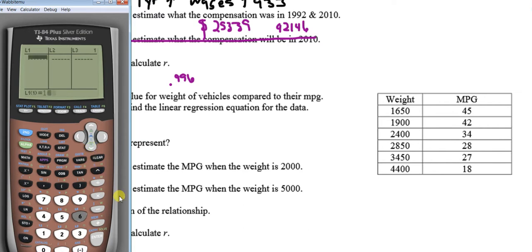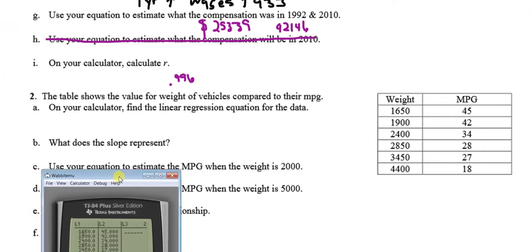And we're doing weight and MPG, miles per gallon, in list 2. So in other words, the higher the weight of the vehicle, the less the gas mileage is. And so there's my two lists.